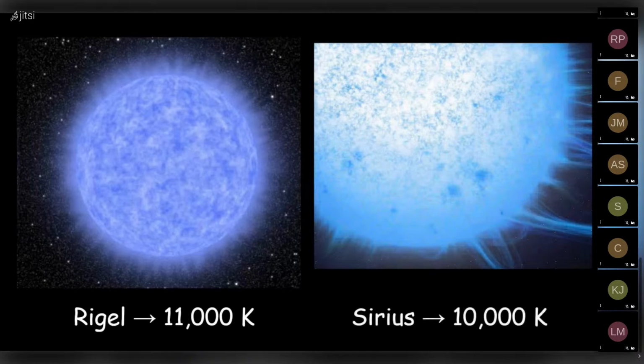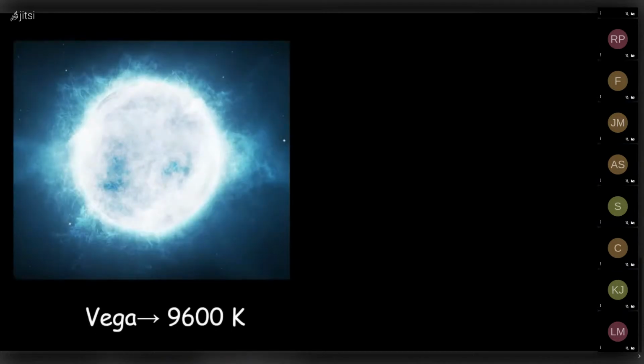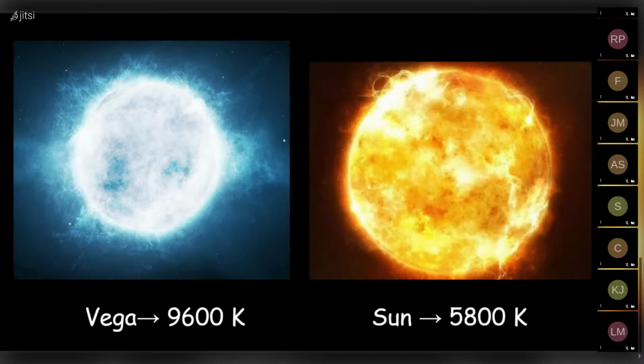Now, in all these stars, you notice that they have a blue tinge. That is, they are blue in color. And now there is Vega. In Vega, the temperature is 9,600 Kelvin, which is white in color. And the Sun is yellow in color, where its temperature is 5,800 Kelvin.